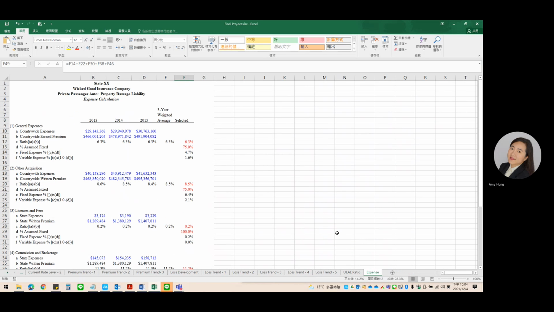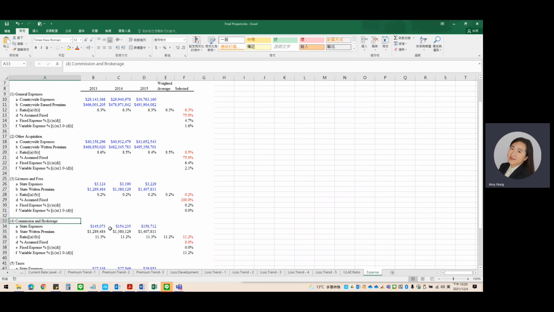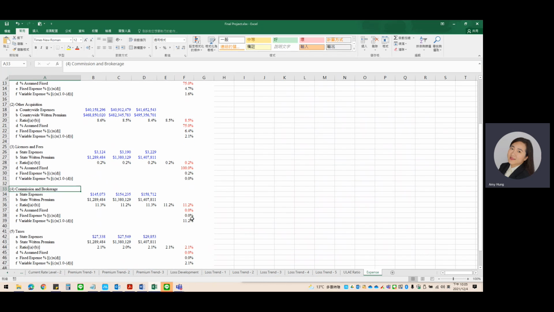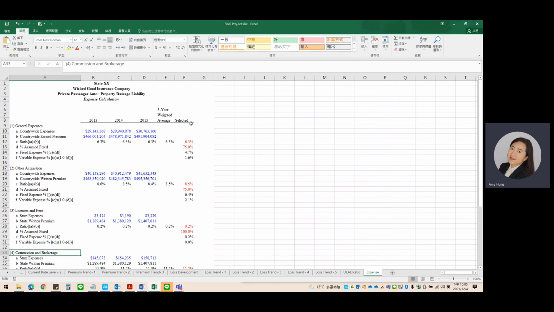Lastly, this sheet derives the fixed and variable expense provision using the premium-based projection method. The selected ratios, the red-font numbers in this column, for general expenses, other acquisition, licenses and fees, commissions and brokerage, and taxes are all based on the 3-year weighted average.